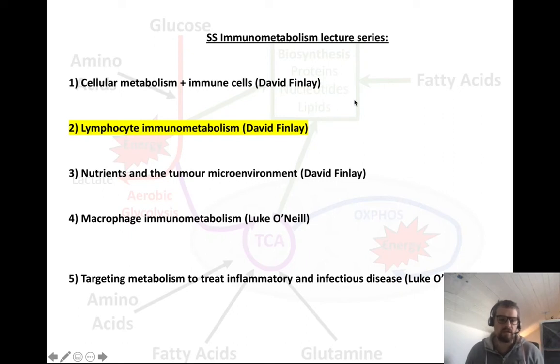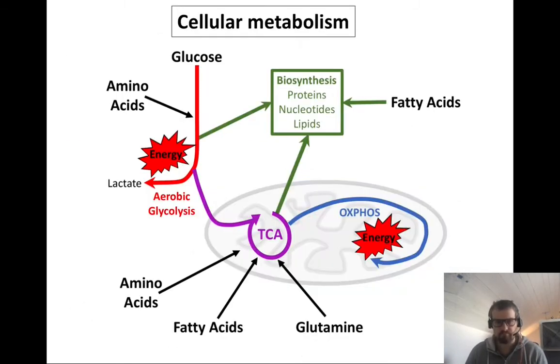So in this second lecture on immune metabolism, we're going to focus on lymphocyte metabolism in particular. I'll remind you, in the last lecture we discussed how metabolism can support immune cell function, the different roles it can play in generating energy, in supporting biosynthesis, and all the different fuels that can feed into these processes.